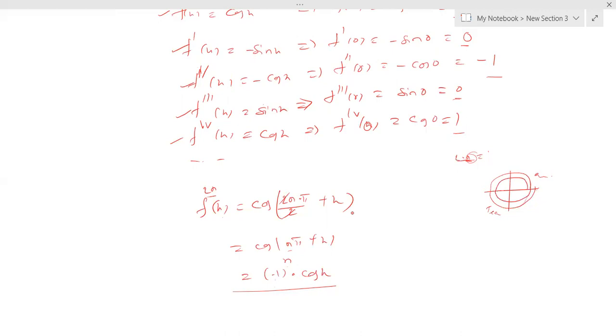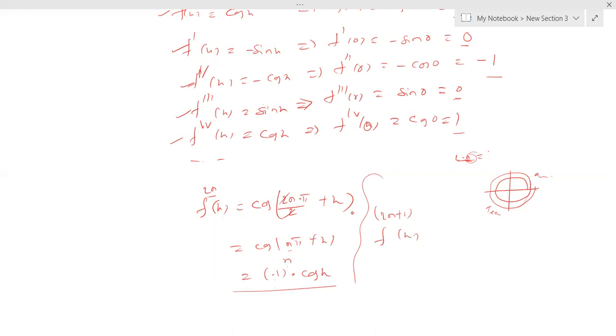Next one. What about the 2n plus 1th derivative of this function? Just replace n with 2n plus 1, because we know the nth derivative of f(x) equals cos of (n pi by 2 plus x).